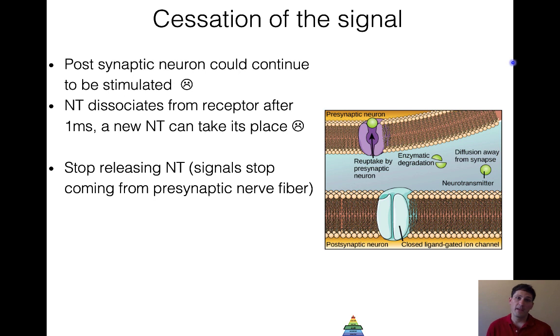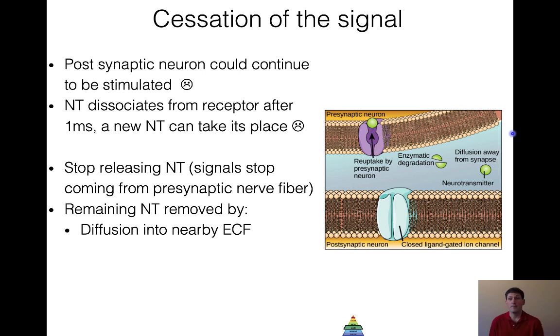So we can, one, just stop releasing neurotransmitters from that presynaptic neuron. If there's no signals coming down that presynaptic neuron, there's no more neurotransmitter being released. But what about the neurotransmitter that's left over? One, it may just diffuse into the nearby extracellular fluid, and you can see diffusion away from our synapse over here.